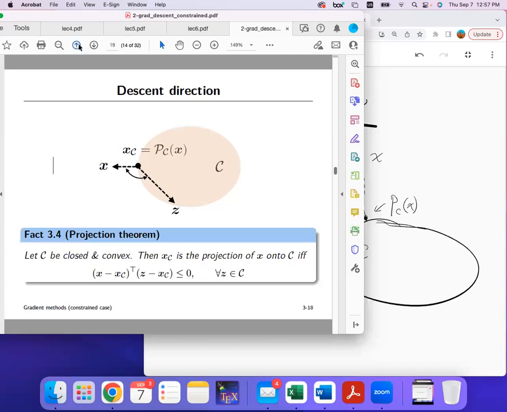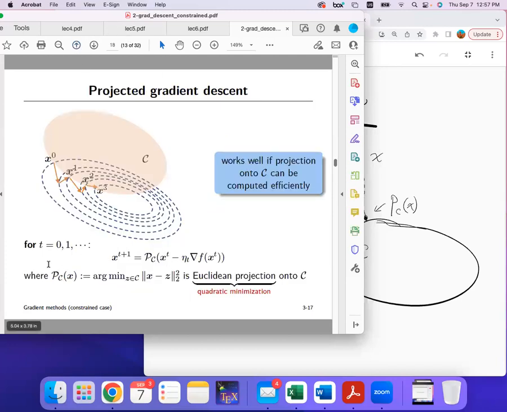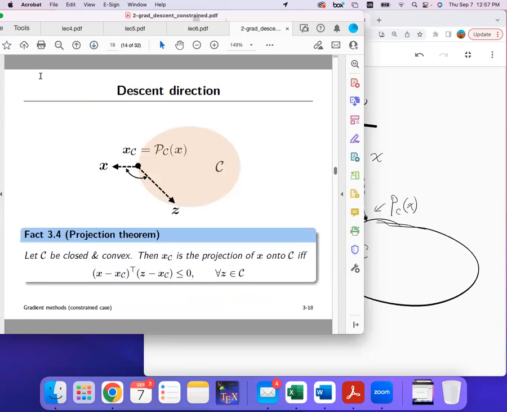If you go to the previous slide, the projection is defined in terms of the minimum distance. You find a point z in the set C that is closest to your reference point. But equivalently, this point can also be described by the following inequality, known as the projection theorem.